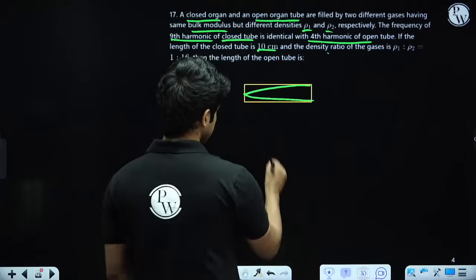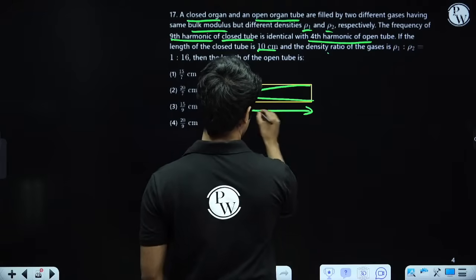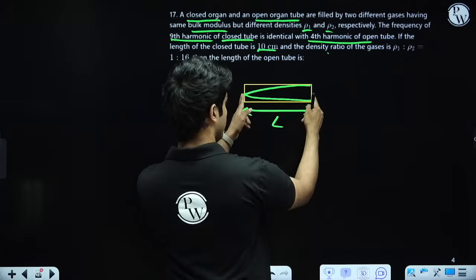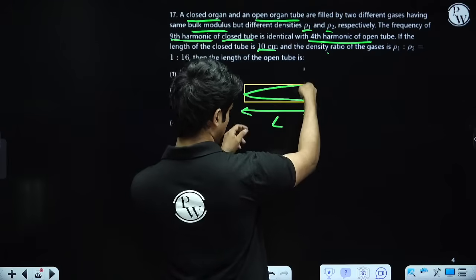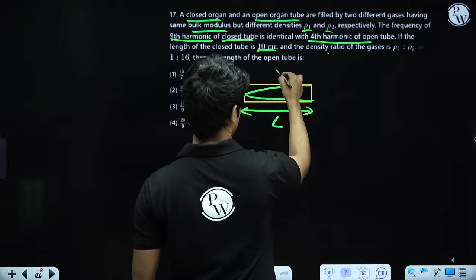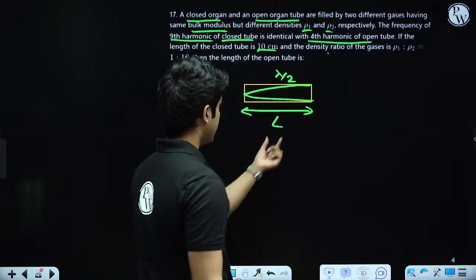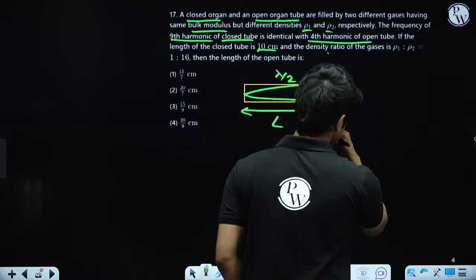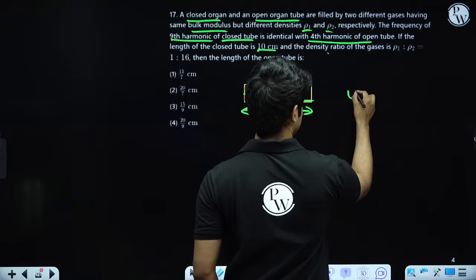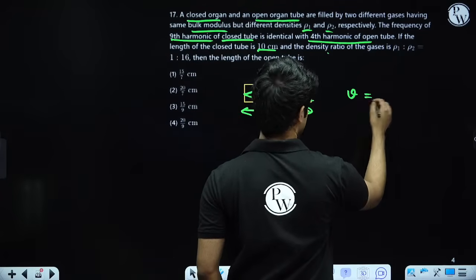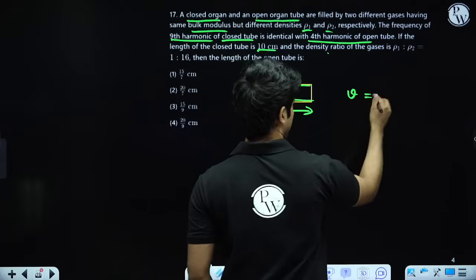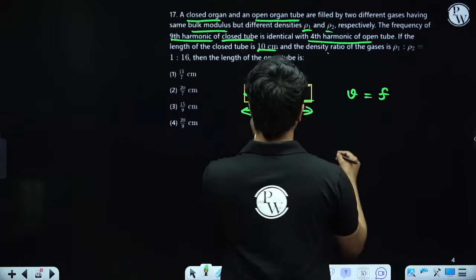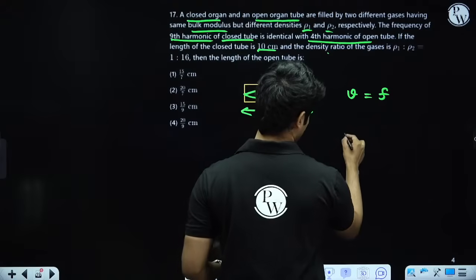So here the thing is, the length of the tube, if it is L, the distance between one antinode and a node is actually lambda by 2. So length will be equal to lambda by 2. Okay. Now we can write the speed of the disturbance equals f lambda.